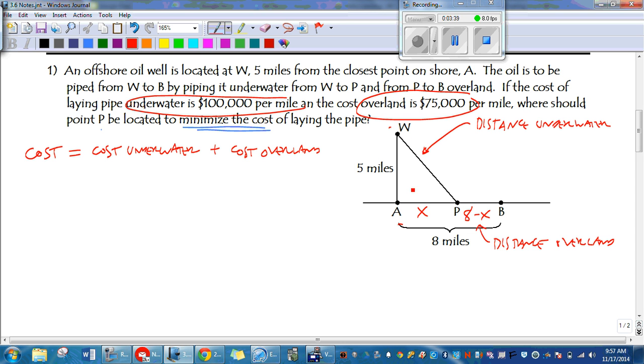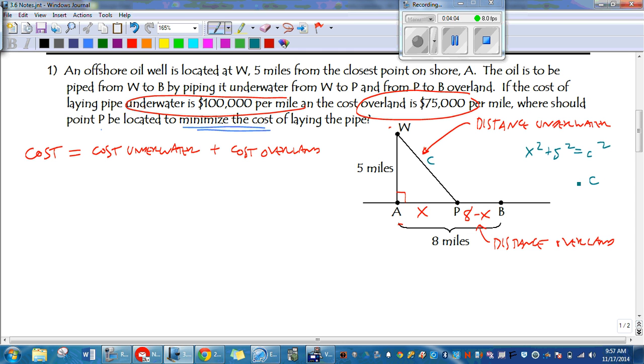Well, we've got this triangle going on here. It's a right triangle, so we can use the Pythagorean theorem. If this side is C for a second, I know we want everything in terms of one variable, but we'll write this in terms of X in just a second. If that's C, by the Pythagorean theorem, X squared plus 5 squared has to equal C squared.